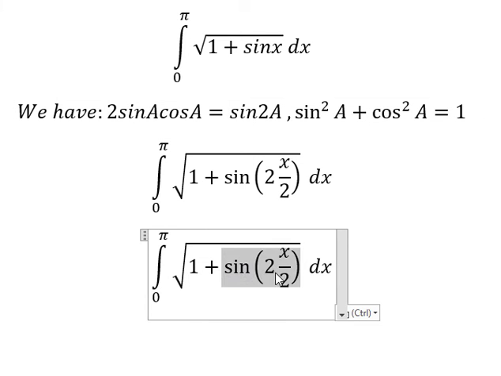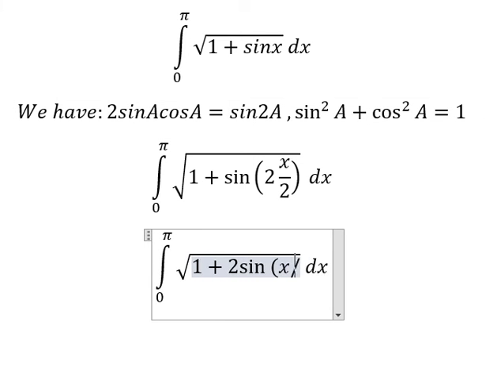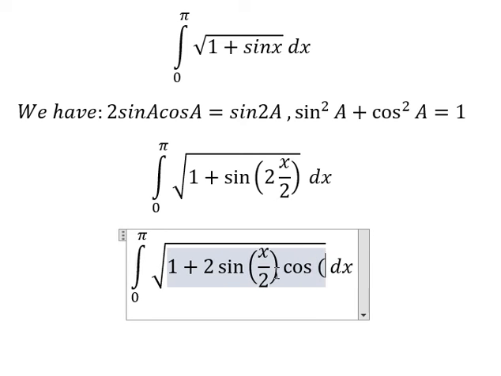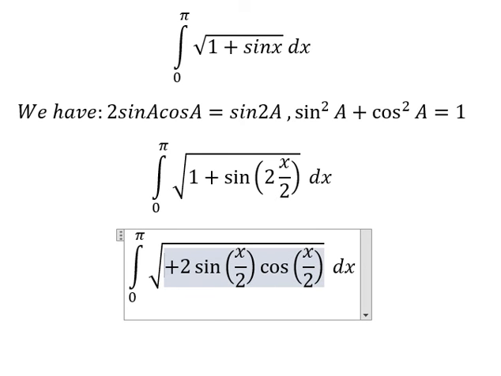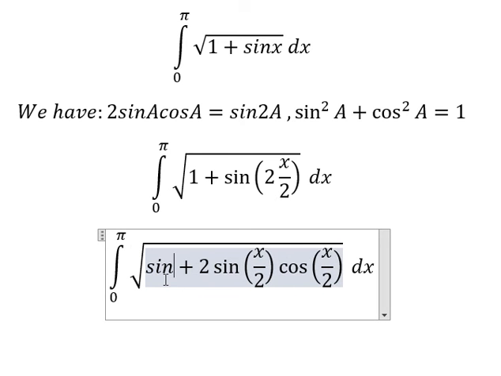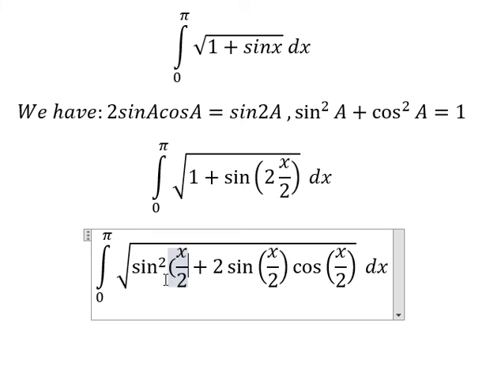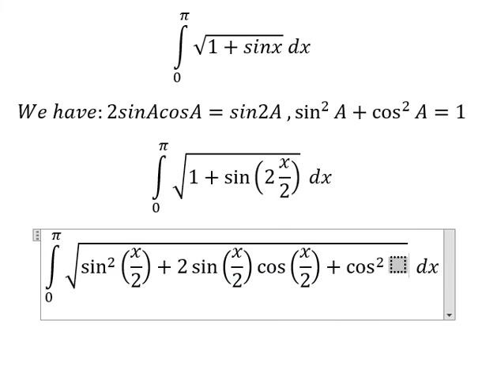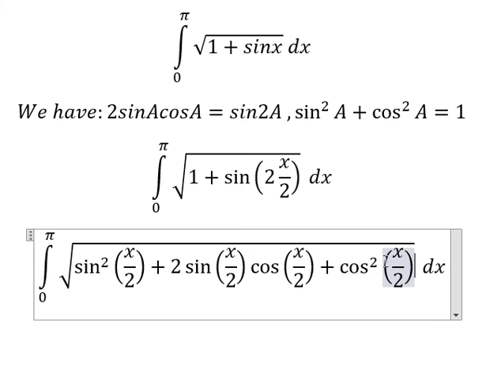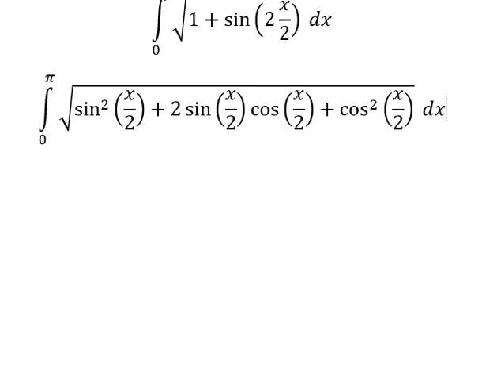So we have 2 sine of x over 2 cosine of x over 2. Number 1, that is sine of x over 2 square plus cosine of x over 2 square. Next, we have the formula in here.